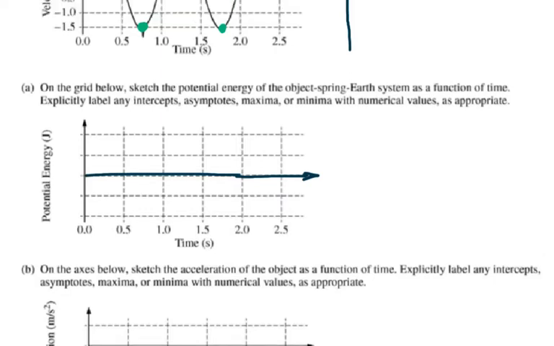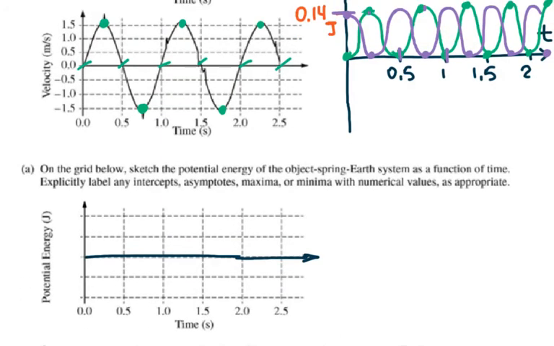And it looks like I'm going to have my potential energy maximum. Let me write what my numbers mean. So if I say this is 0.1 and this is 0.2, then my maximum energy is going to be starting from somewhere here, and it has to go in between and back to 0.5 up. So it's going to be something like this.